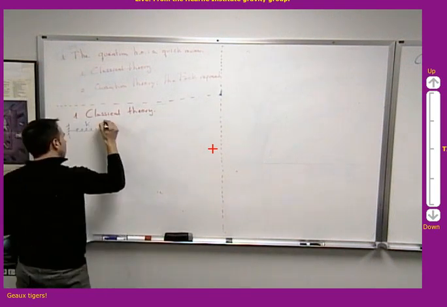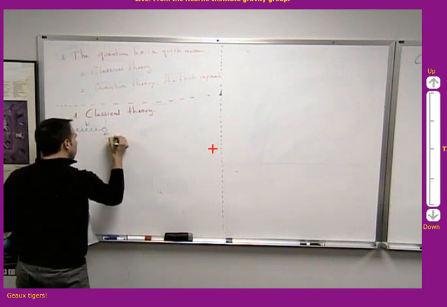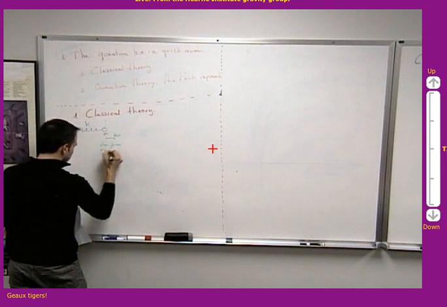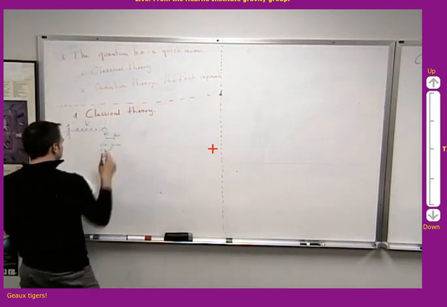We'll use the letter x for deviations from equilibrium position.